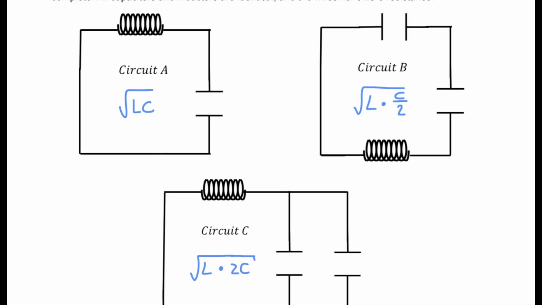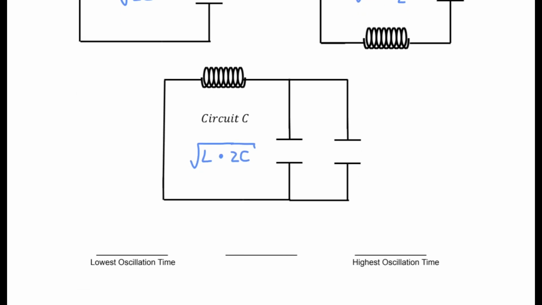So just by factoring out the constants, we can just compare here. Circuit A is square root LC in its oscillation time times 2 pi. Circuit B would be 1 over root 2 times circuit A's time. And circuit C would be square root of 2 times circuit A's oscillation time.